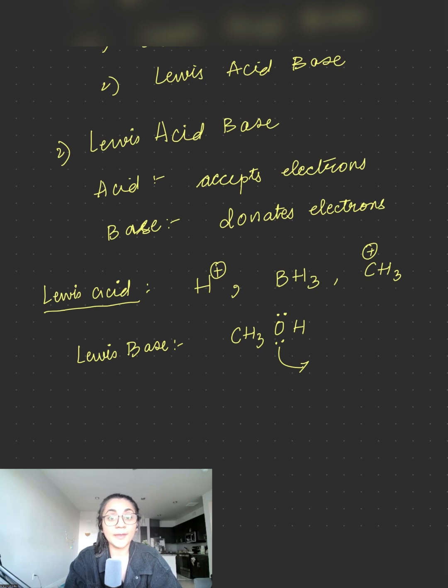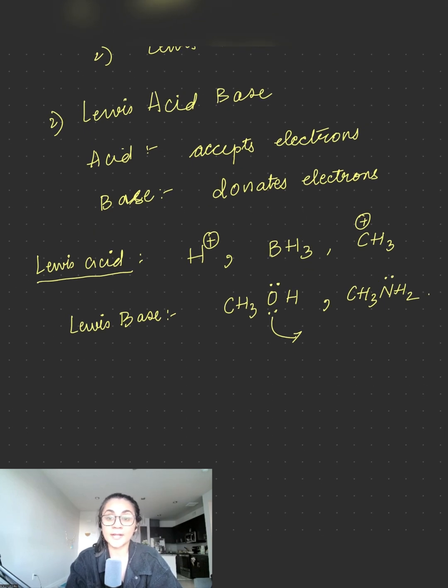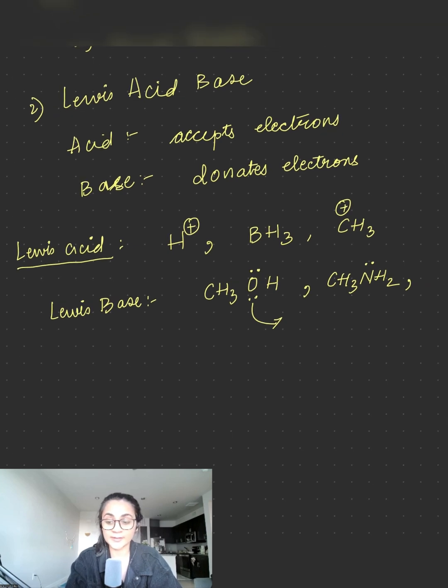For example, methanol, CH3OH, is a Lewis base. Let's think about another one, CH3NH2, methylamine, which is also a Lewis base because it has a lone pair of electrons on the nitrogen. So species which contain lone pairs of electrons on an atom are Lewis bases.